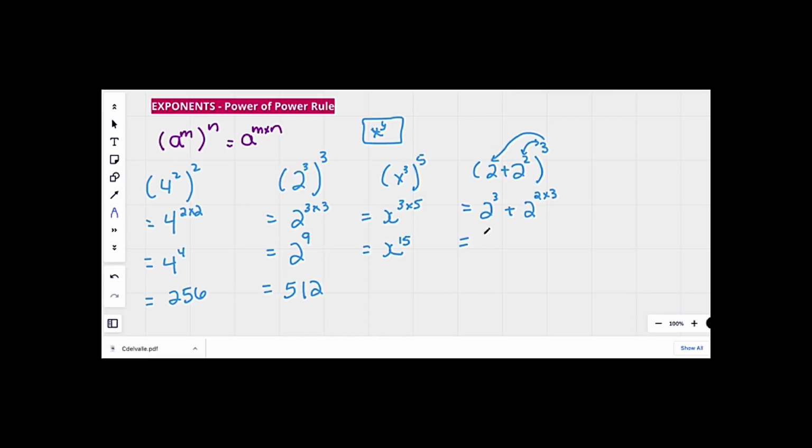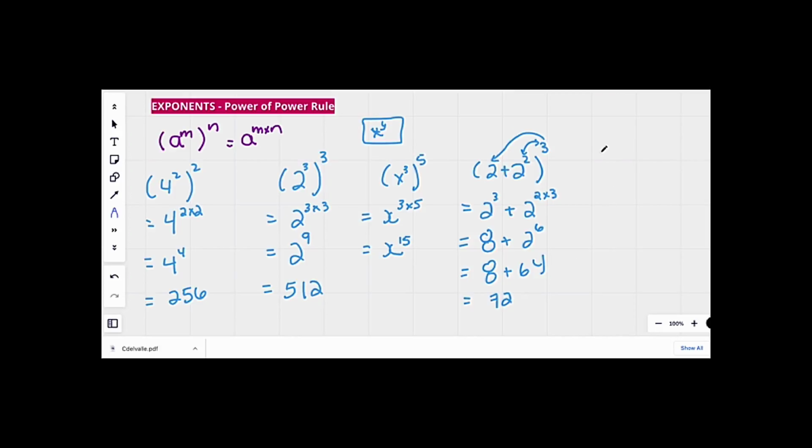Okay, so this becomes an 8 plus, so this is the same thing as 2 to the power of 6, which means we've got 8 plus 64, and when we add that together, we end up with 72.